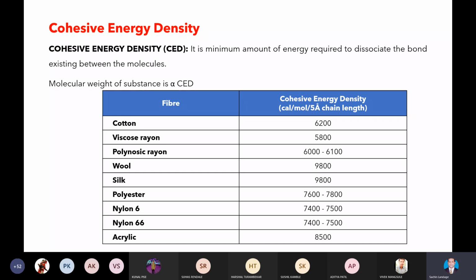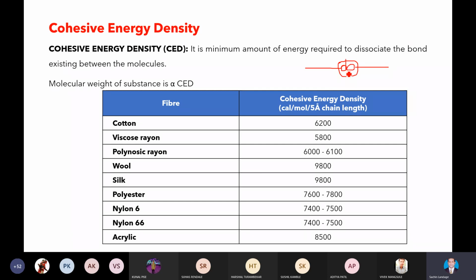I'll draw one diagram for you. Suppose this is a bond between two molecules. Now, what is the cohesive energy density? It is the minimum amount of energy required to dissociate the bond existing between the molecules.